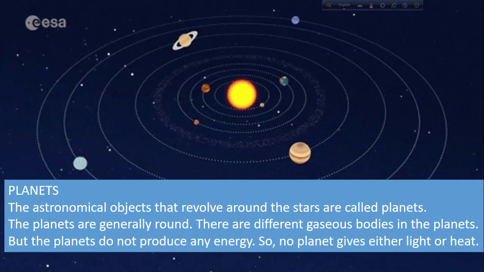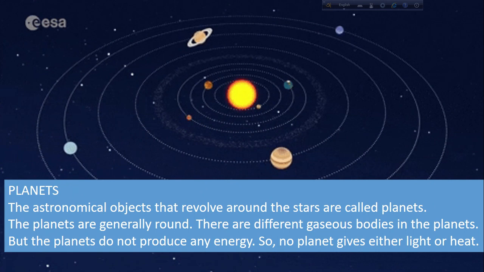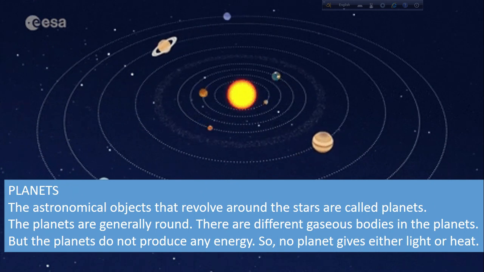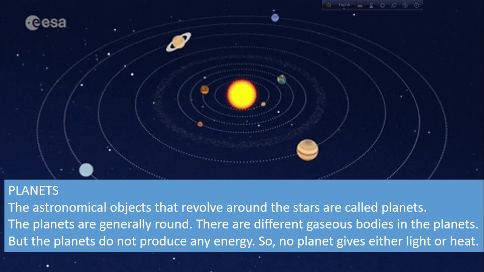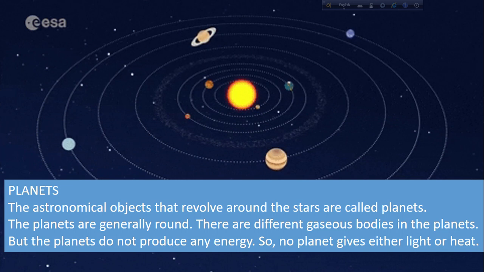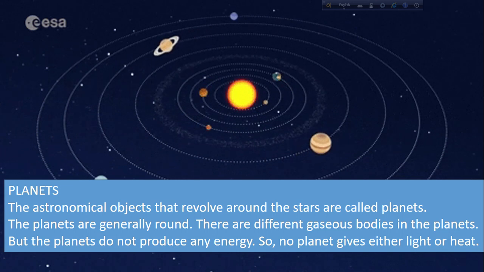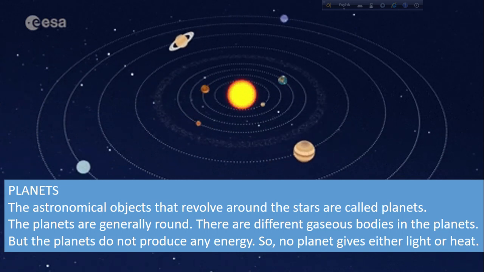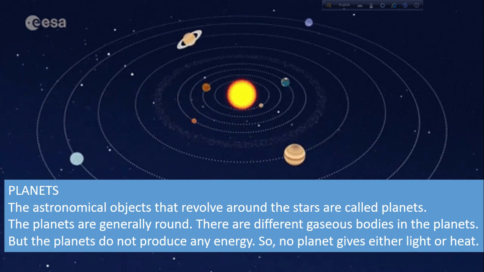Follow here about the planets. The description of the planets: these planets are arranged as shown in the figure and the members of the solar system are introduced one after another. What is a planet? The astronomical objects that revolve around the stars are called planets. The planets are generally round and there are different gaseous bodies in the planets, but the planets don't produce any energy.